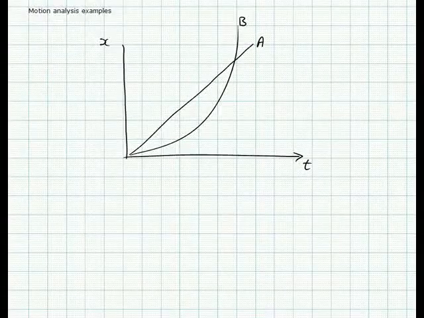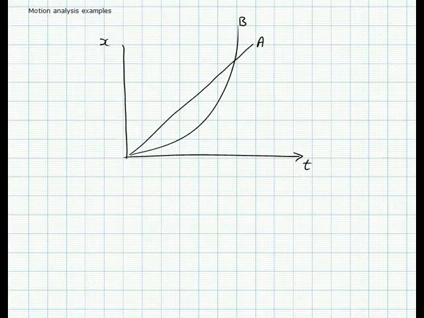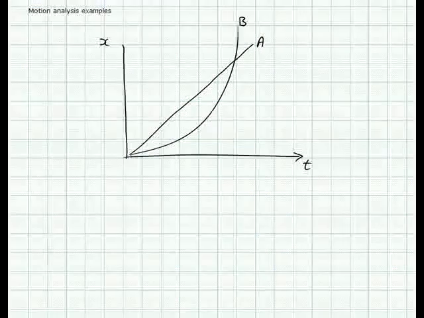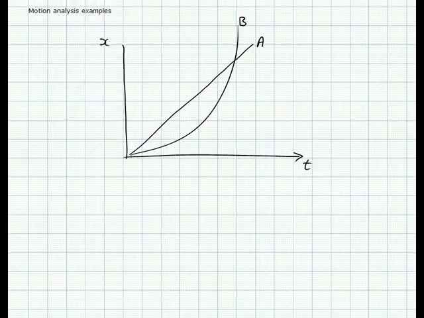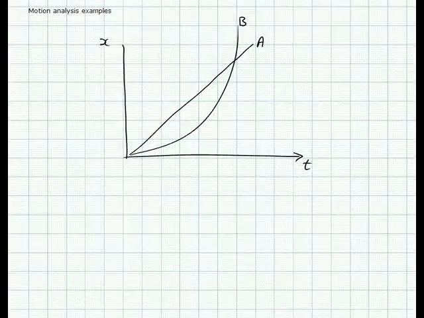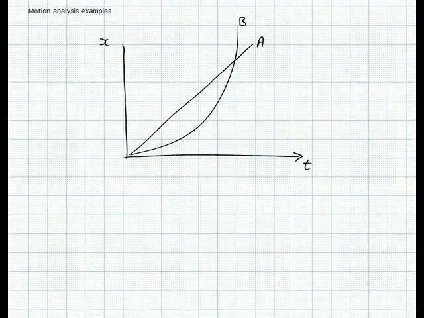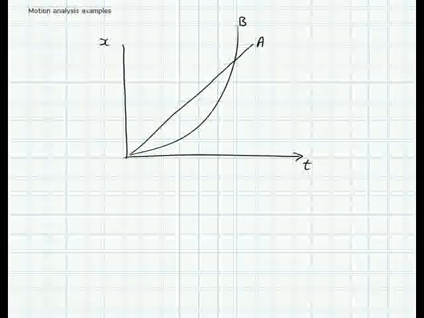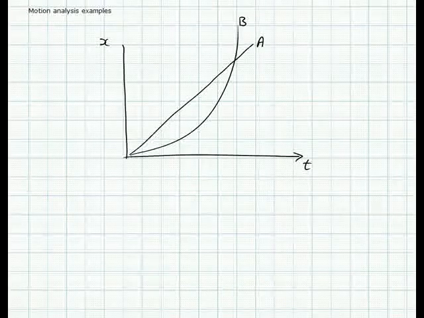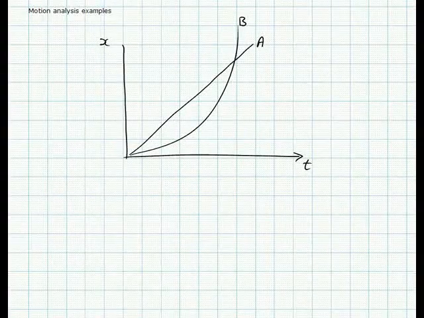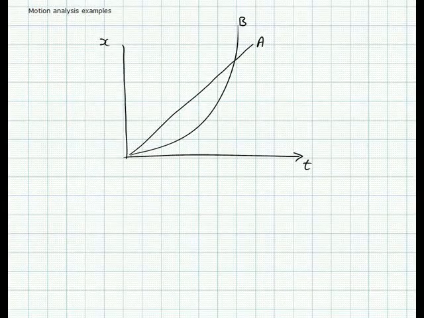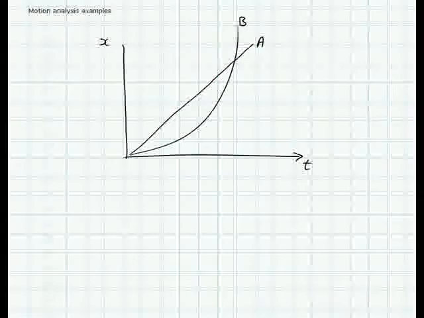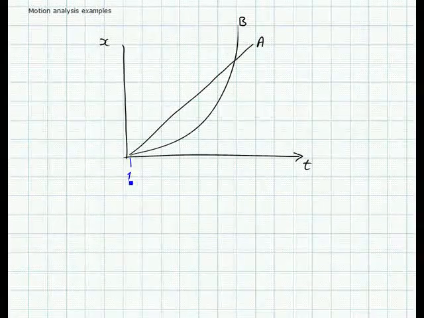Let me ask you to think about this question. First of all, when do you think the velocity of object A and B are the same? Or the speed, if you only consider the one-dimensional motion. Is it at point 1?